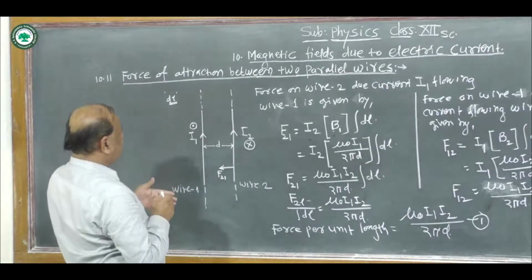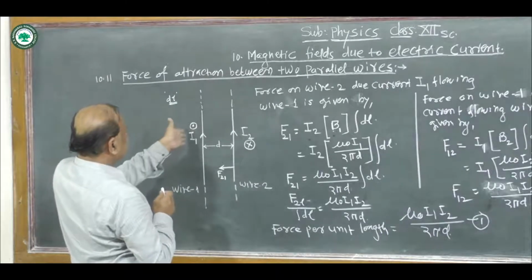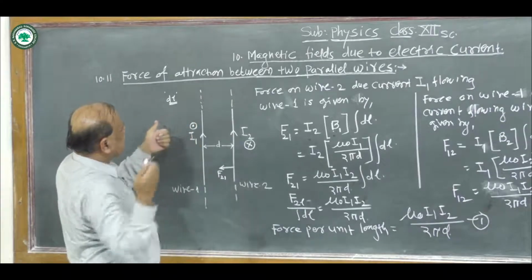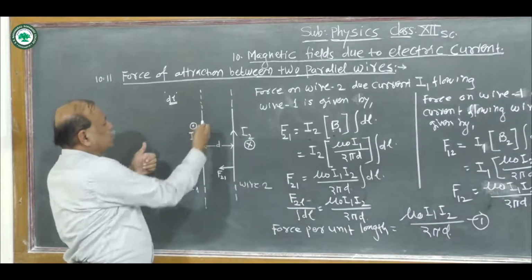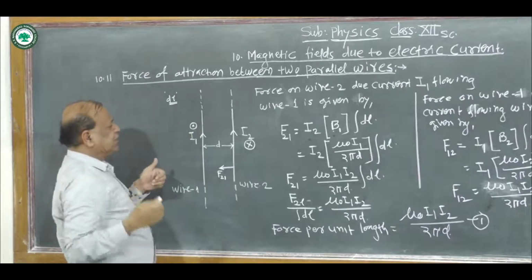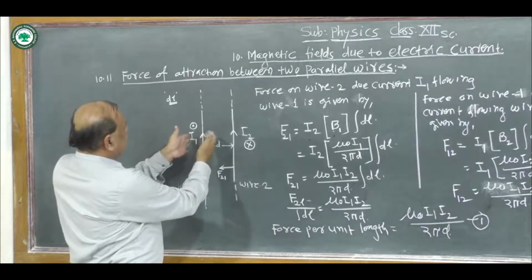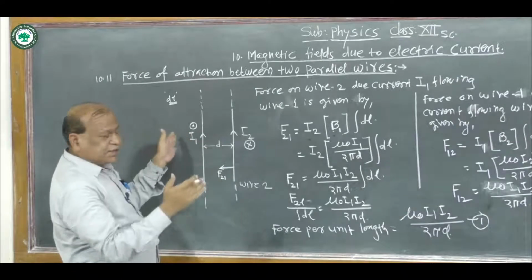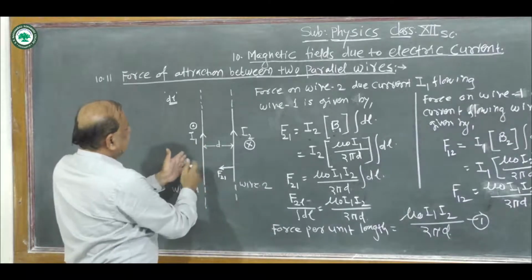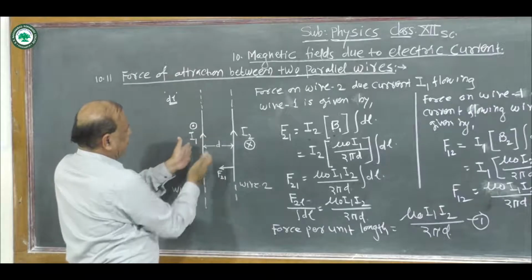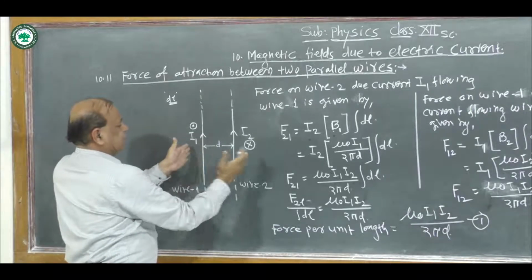The magnetic field is directed outward, as this symbol indicates, and the force produced by the magnetic field is perpendicular, directed in this way.